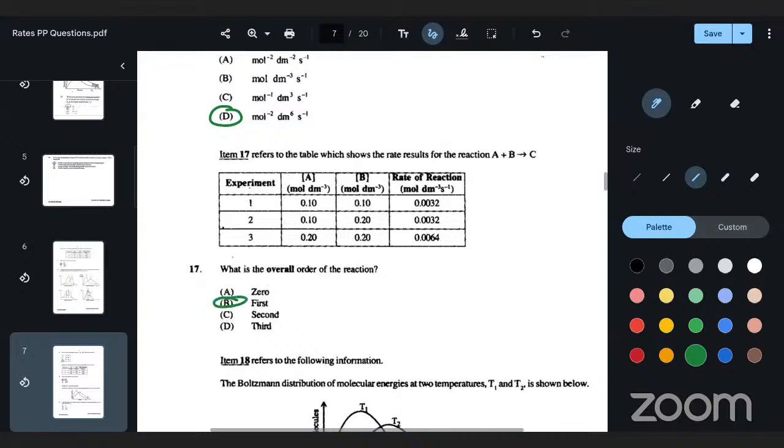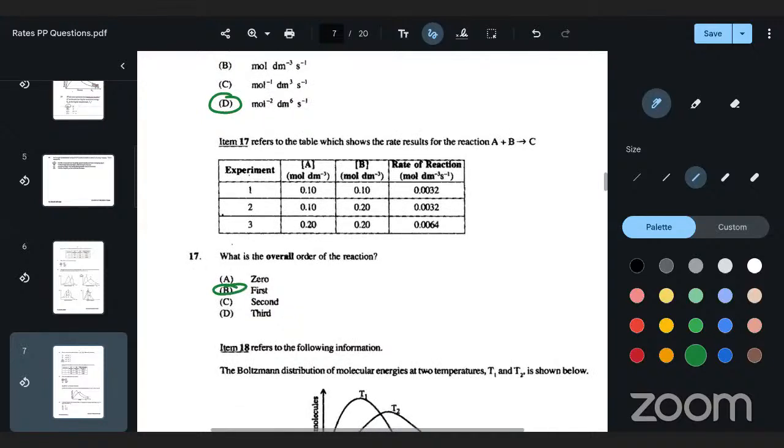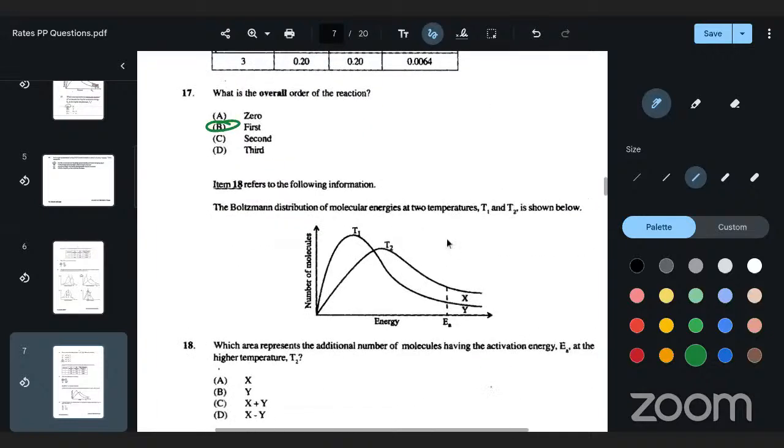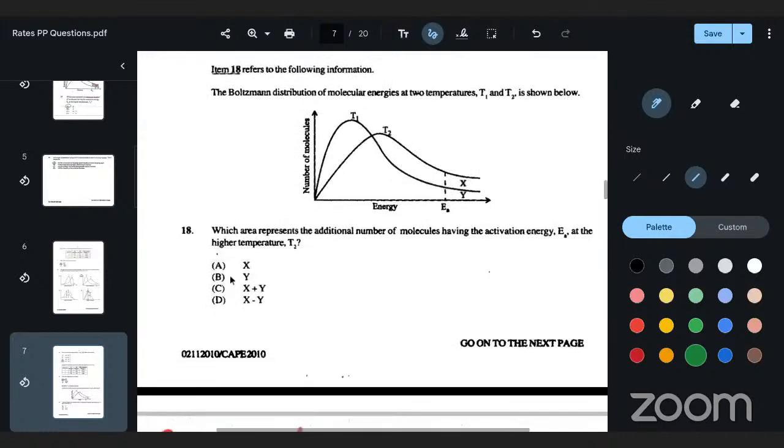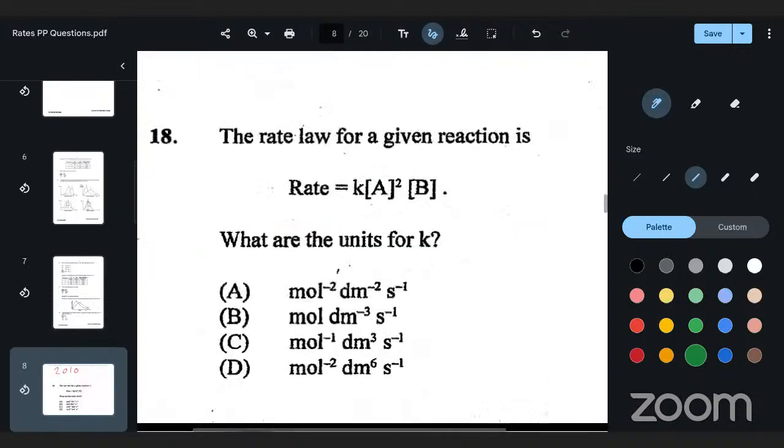I just cut anything I saw on rates from 2007 to 2020. This is a repeat. This is a repeat. Which year is this? 2010. Okay. So they repeat a lot.